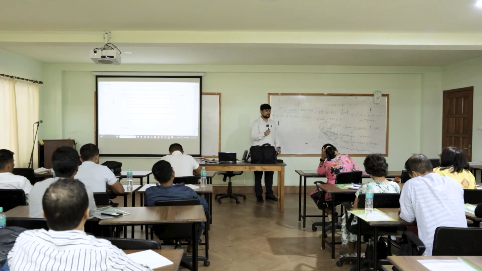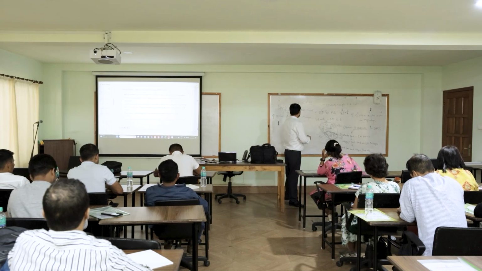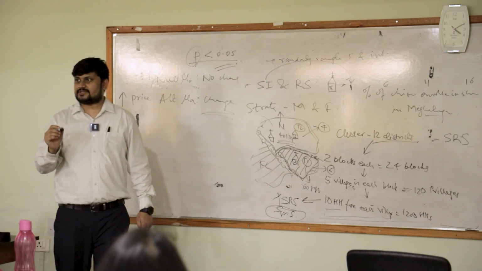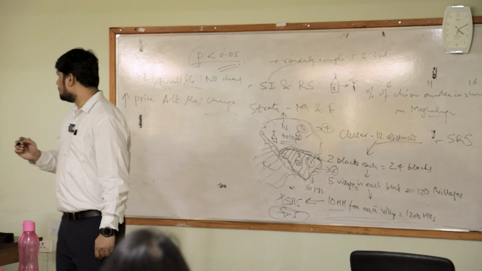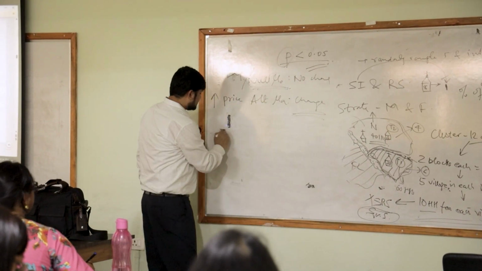Type 1 error, type 2 error. Type 1 error is called significance, for which the p-value should be less than 0.05. We peg the significance level at 5% only. So this is type 1 error.